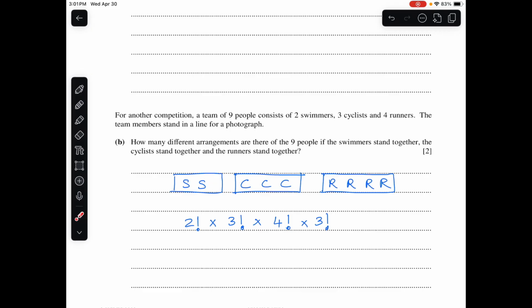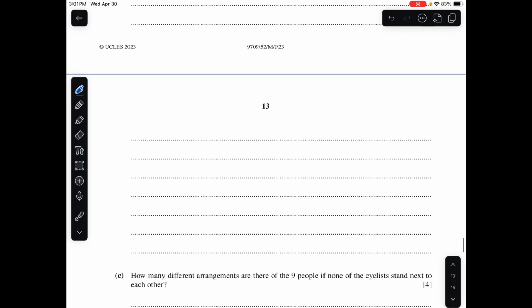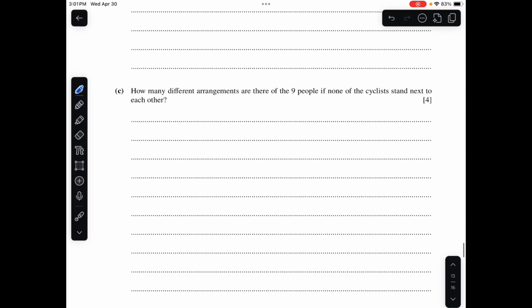That means you could have the cyclists first, then the swimmers, and then the runners. Any other combination also is possible, and therefore when we write 3 factorial, it takes care of everything. So work this out. This gives us 1,728, right?